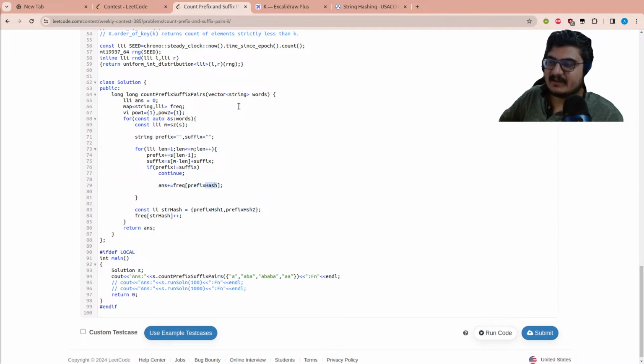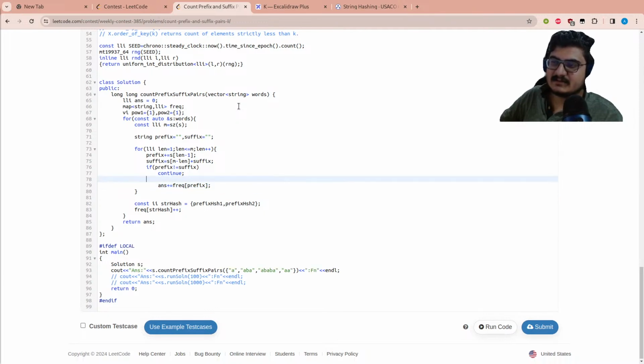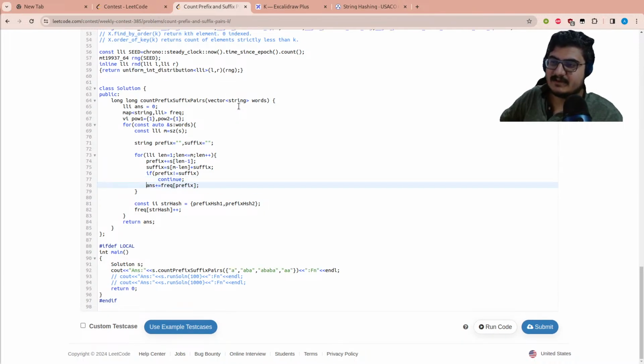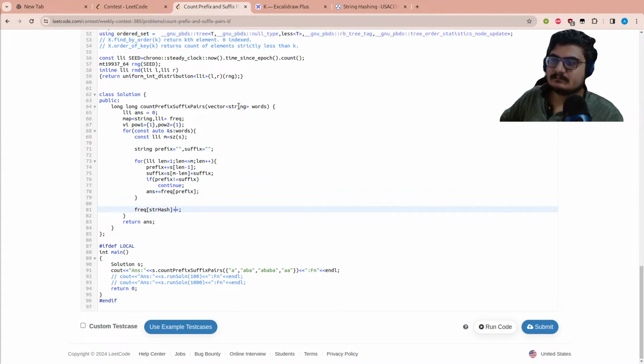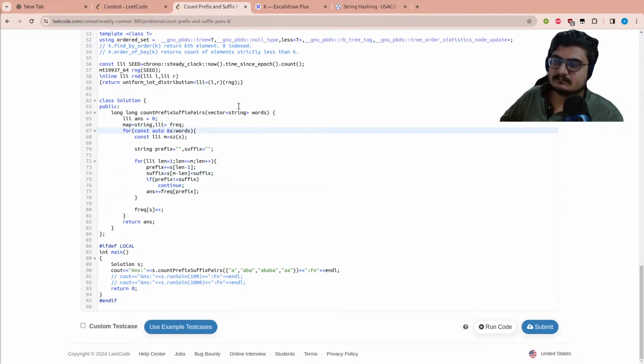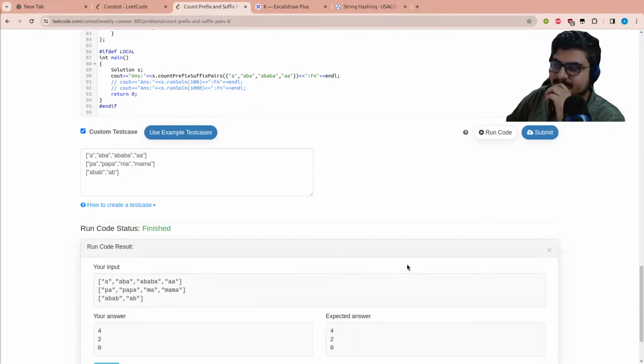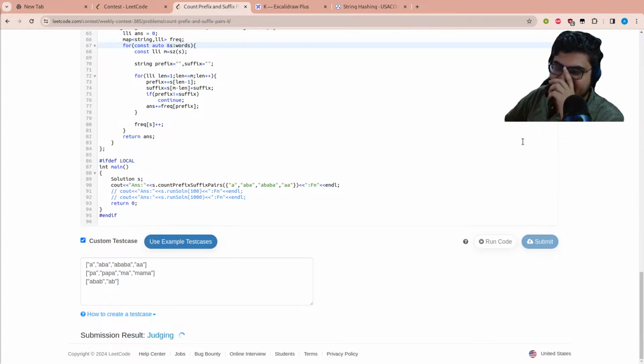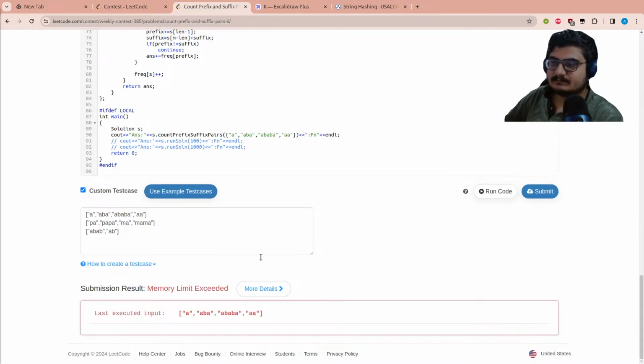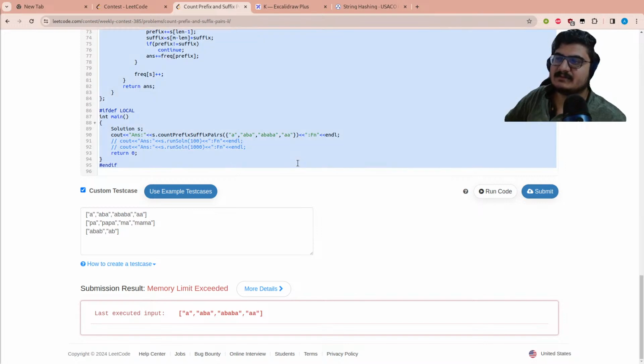This will definitely get TLE, because the time complexity is way too bad over here. MLE, TLE, everything happens.